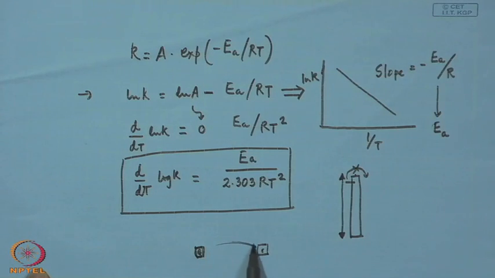So, in order to move the particle, you need to create a free space, and to create that free space you need to put in some amount of energy. That amount of energy may be termed as the corresponding activation energy. That is, you need to activate it.